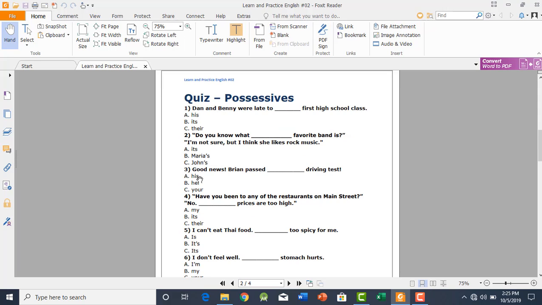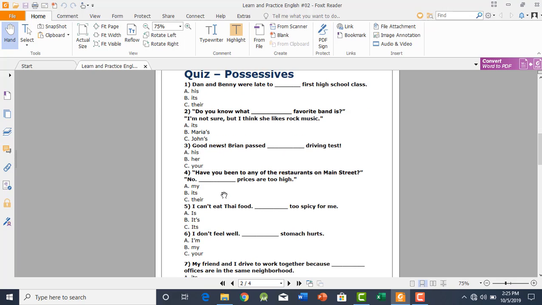Similarly, if we see the third MCQ, good news, Brian passed dash exam, his is the best fit because Brian is a man. So his is basically used when we refer to something which belongs to a man. And in the same way, if we look at another MCQ like, have you been to any of the restaurants on Main Street?